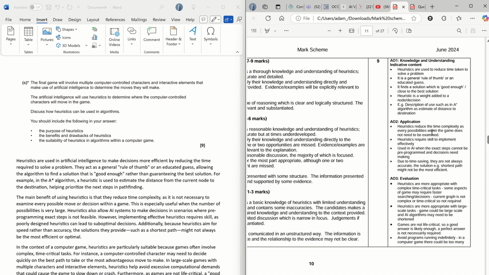So reduce the time complexity as every possibility within the game does not need to be examined. Remember, the perfect solution would consider everything. If we think about chess as another example, when you're trying to do a perfect move, you probably want to consider almost every single possible move that could happen to see whether you can win or not.